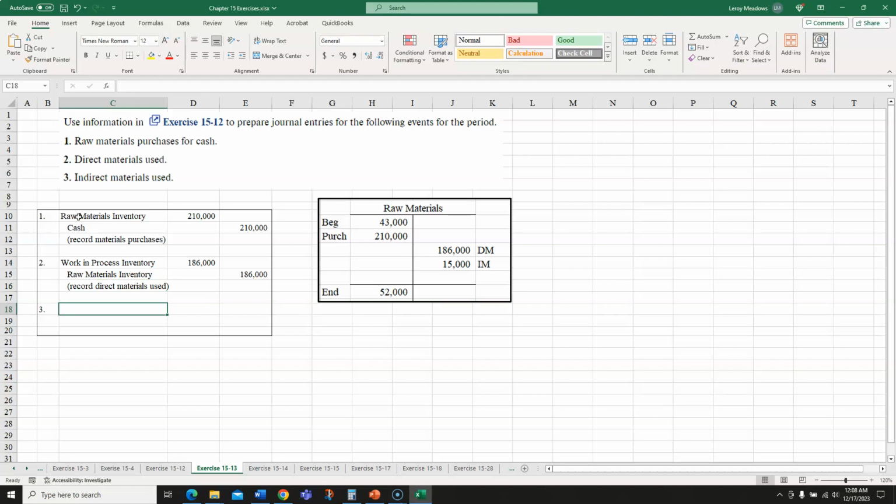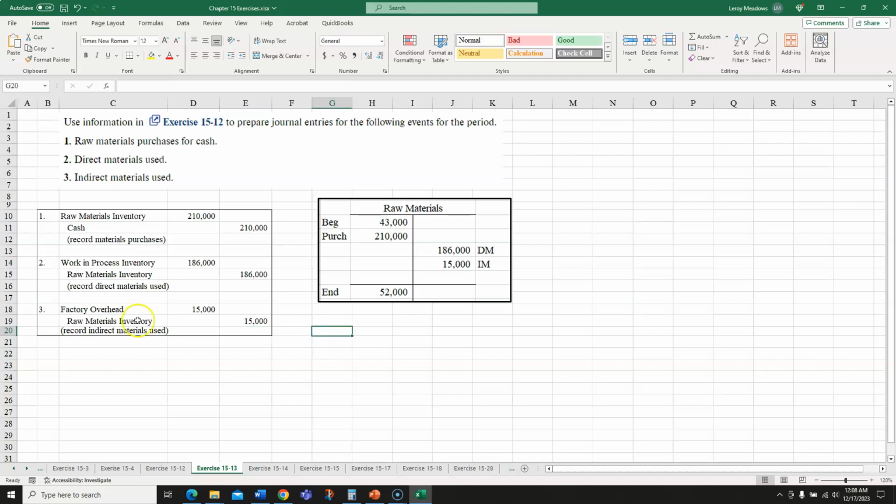Whereas direct materials were transferred directly to work in process inventory, indirect materials are transferred to factory overhead. So I'm going to debit factory overhead $15,000, and then credit raw materials inventory for $15,000. And my note is going to be record indirect materials used.